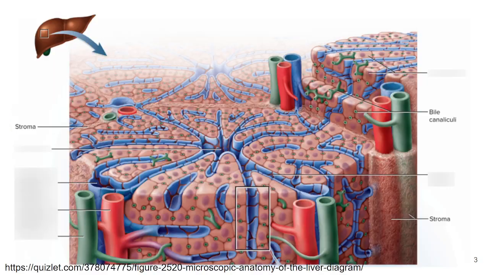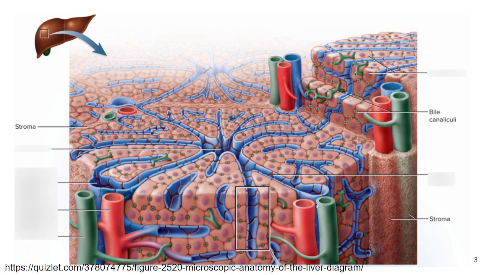The primary functional entity of the liver is the hepatic sinusoid or hepatic cell unit, and that hepatic unit has a central vein where the blood vessels receive the blood, and then the cells are arranged in a circular fashion.